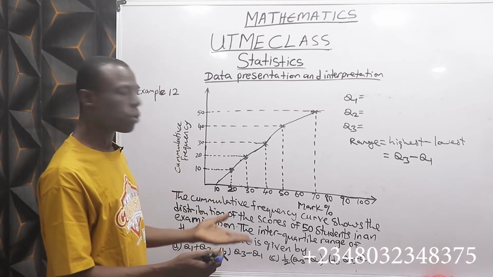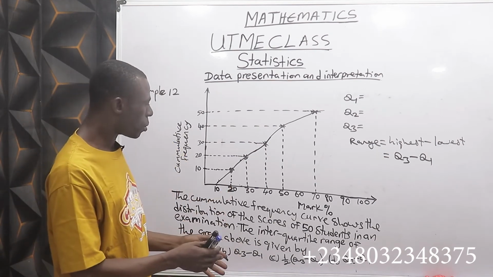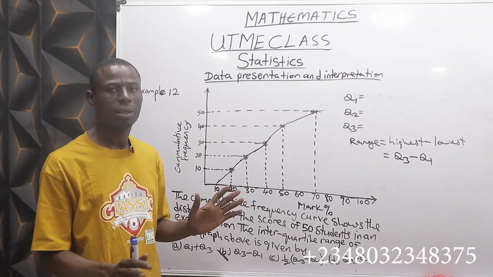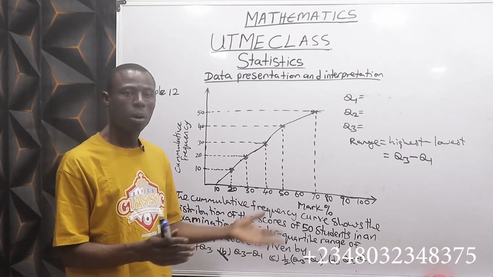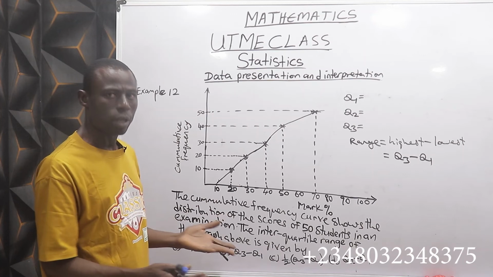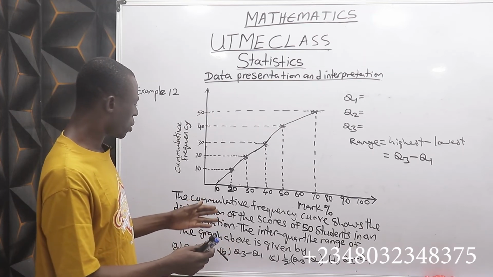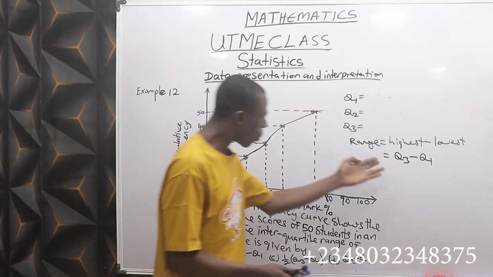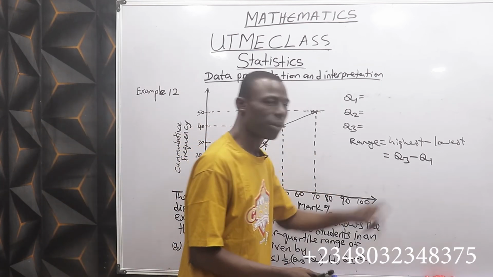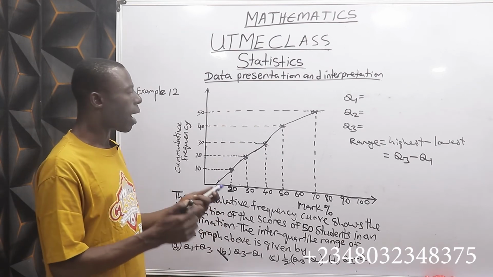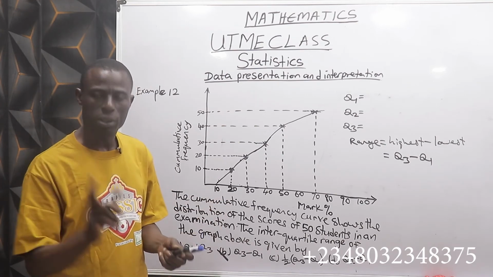Let me use this avenue to explain to you. We have answered that question because we are drawing the curtain on statistics. You are going to do more practice with what you have learned now. But let me tell you that while Q3 minus Q1 represents the interquartile range, we have something we call the semi-interquartile range.